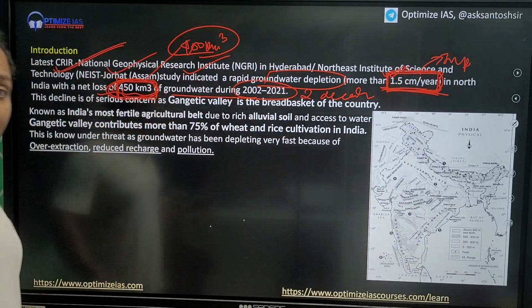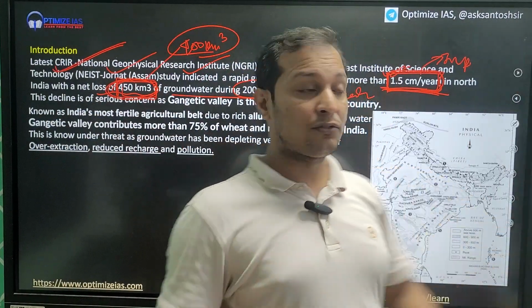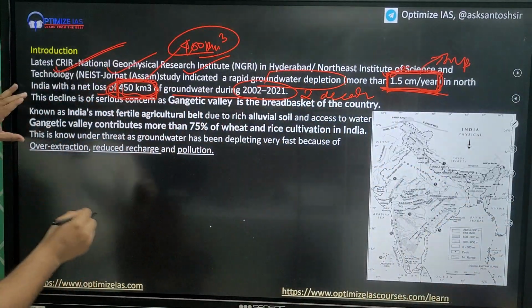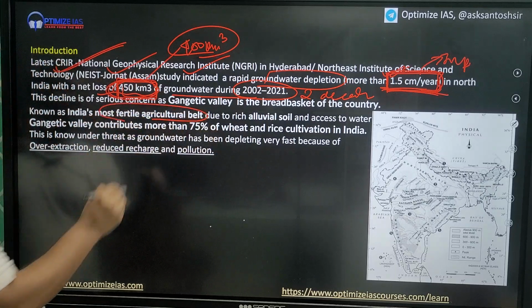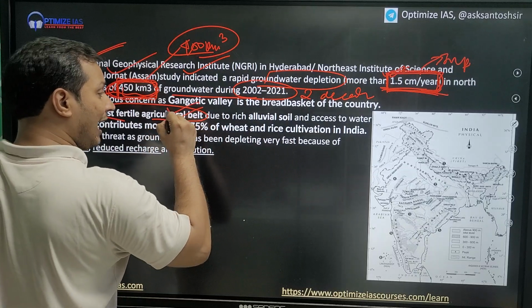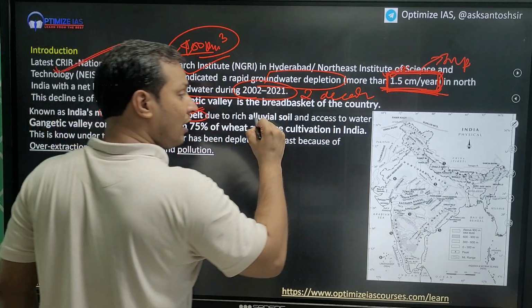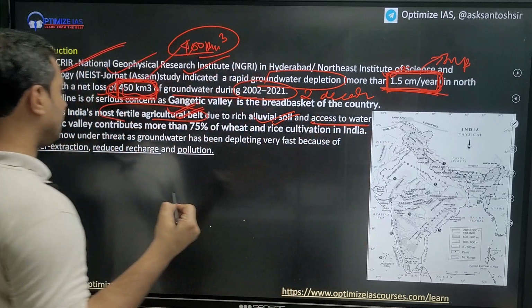Then I have told you that you have to link the Gangetic Valley with food security. So what I have done is I have written: known as India's most fertile agriculture belt. The Gangetic Valley is India's most fertile agriculture belt due to alluvial soil and access to water.